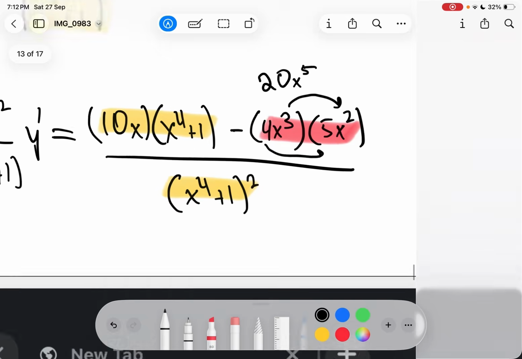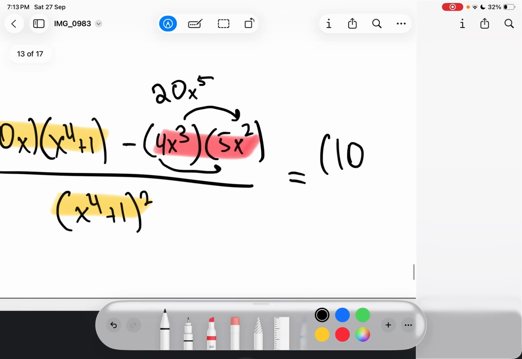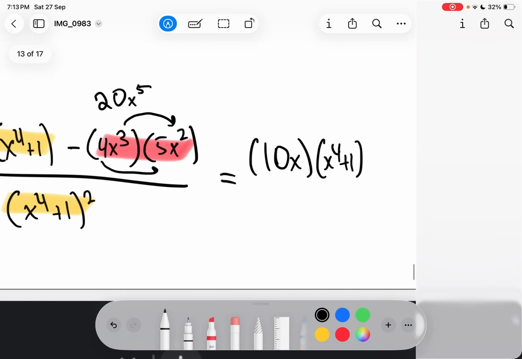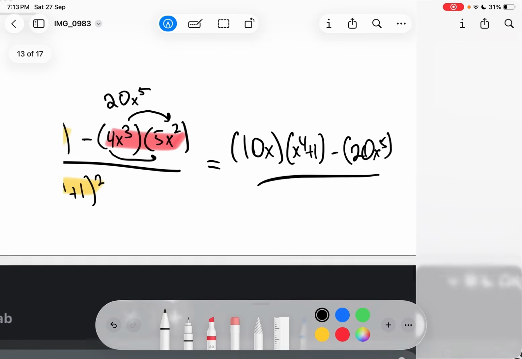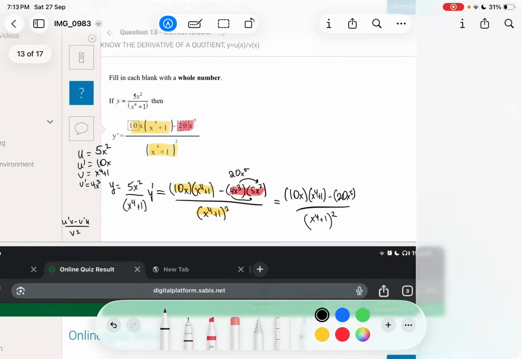And then you'll get it equal to 10x times (x^4 plus 1) minus 20x^5 over (x^4 plus 1) to the power of 2, and that's your final answer.